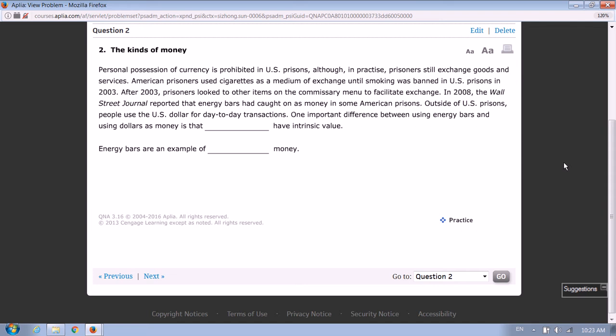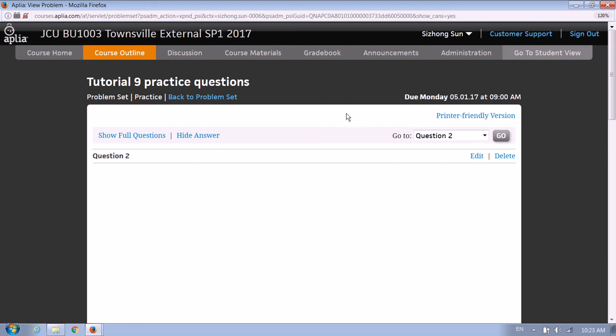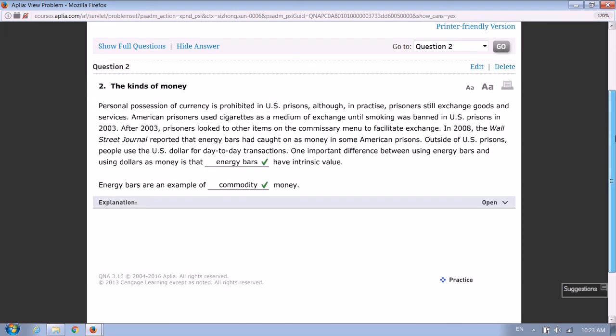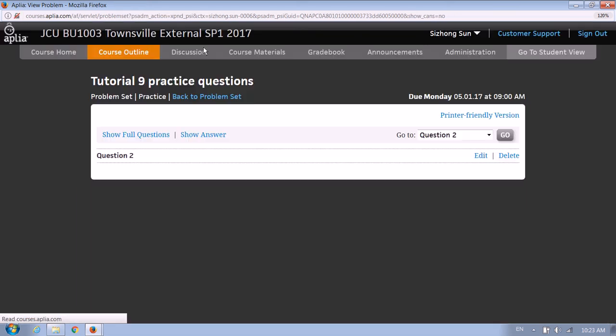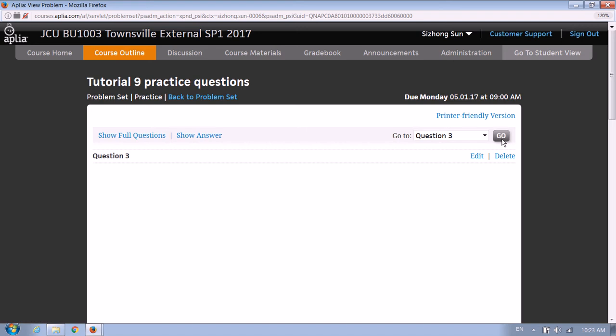One important difference between using energy bars and using dollars as money is that an energy bar has intrinsic value, while U.S. dollars are fiat money. So an energy bar is an example of commodity money. Okay, question 2 done. Question 3.